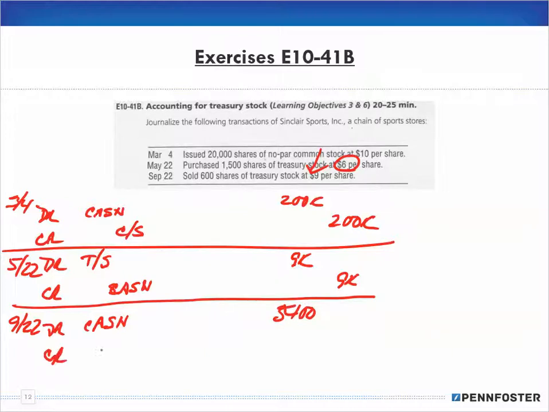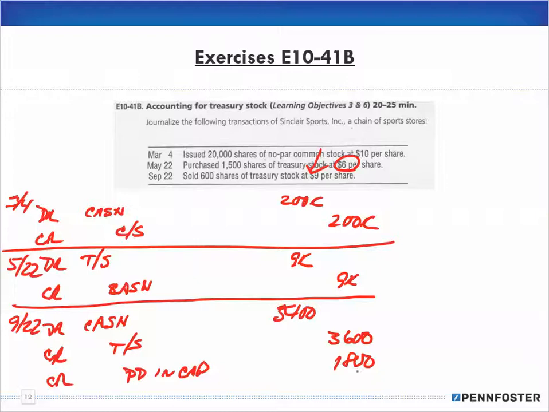And we credit treasury stock, because that's what we're selling, 600 shares at the cost of $6, which is 3,600. 600 times 6. And of course, we back into the paid in capital in excess of par. So we credit the paid in capital in excess of par. The difference between the two is $1,800.